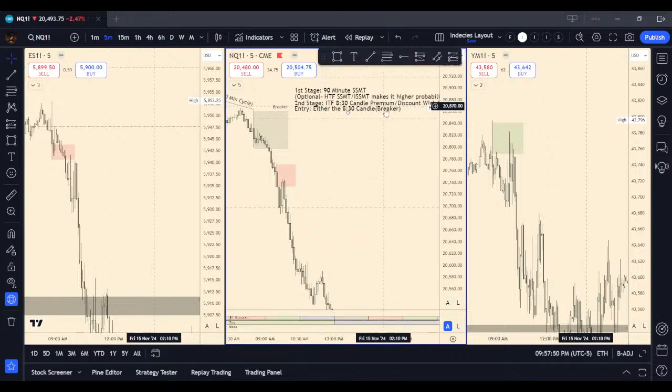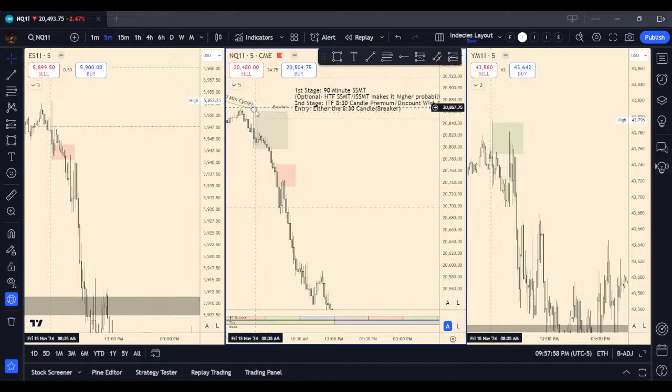I'm going to put breaker in there. But what I mean by it is, as long as price trades into it at all, you can sell. So you can set your limit order to the low here, or the consequent encroachment, or the mean threshold here, or if you want, even to the high here.